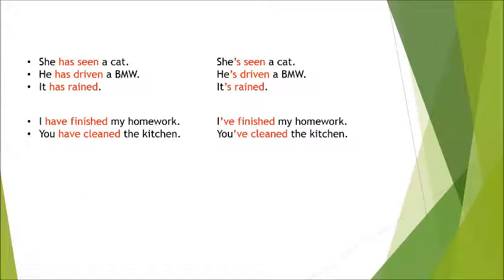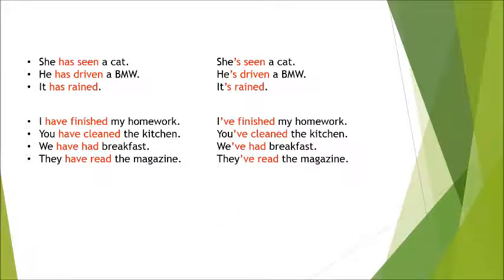You have cleaned the kitchen. You've cleaned the kitchen. We have had breakfast. We've had breakfast. They have read the magazine. They've read the magazine. This is all you must know about making positive sentences.